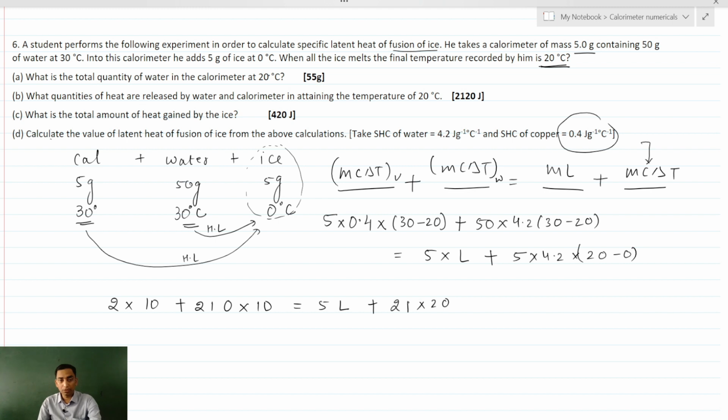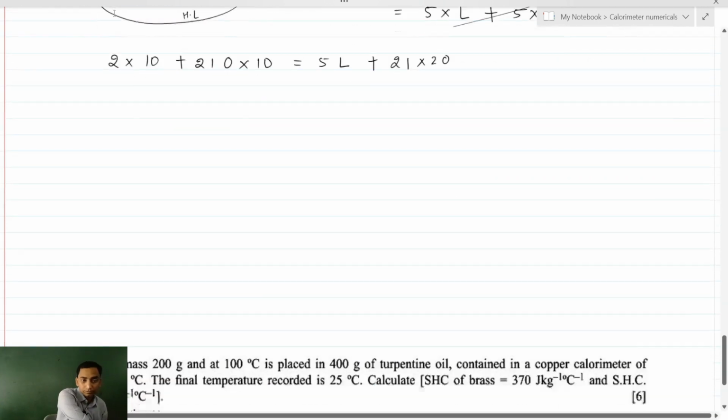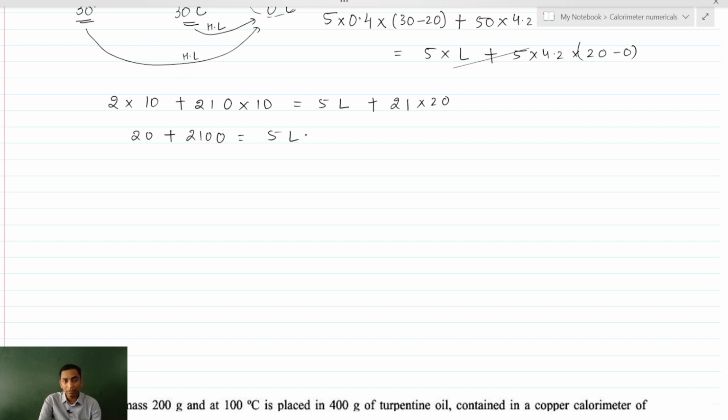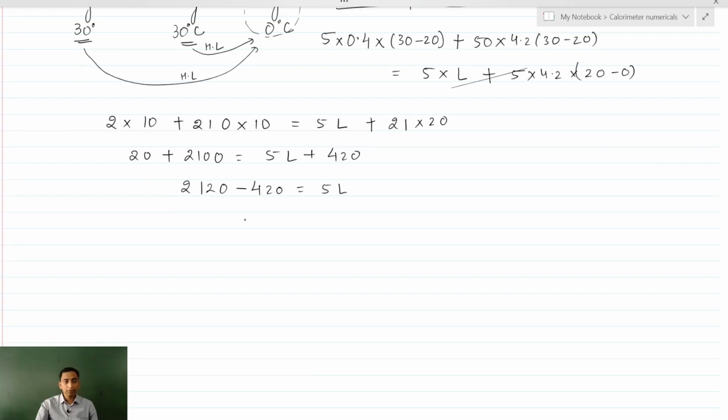Correct? So now let us solve this one. So this is 2 into 10, so that is 20, plus 2100, that is equal to 5L plus 420. So basically this is 2120 minus 420, that is equal to 5L.